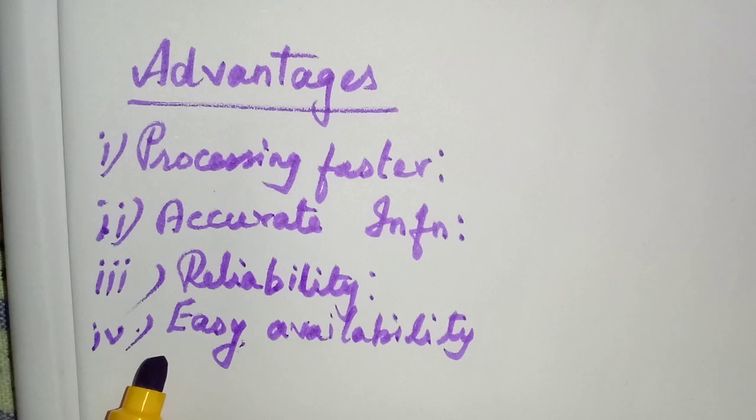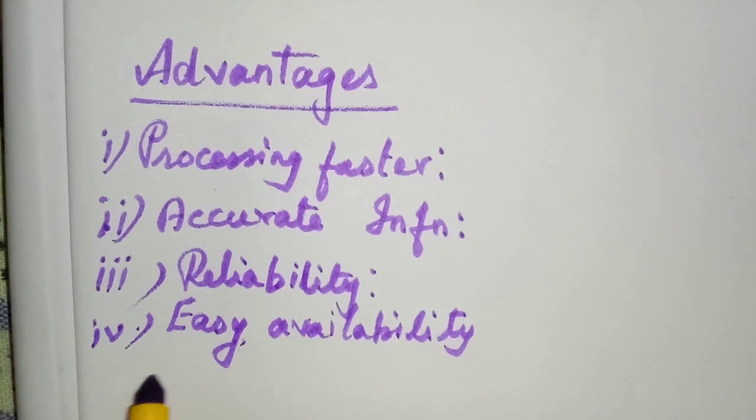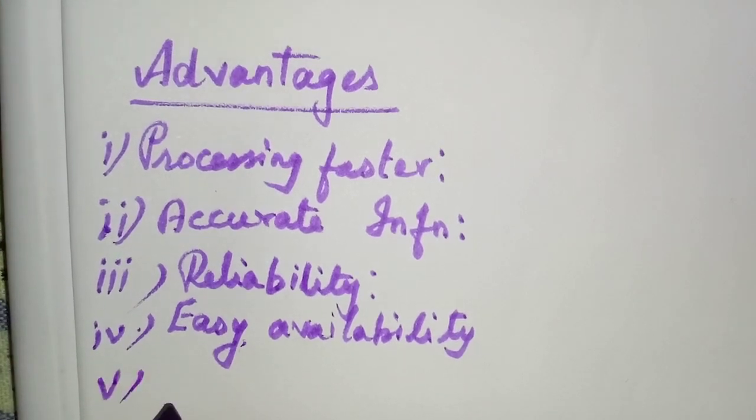Okay, from one place to another, one computer to another computer, even throughout the world we can convey the information. So that is the easy availability of the information.